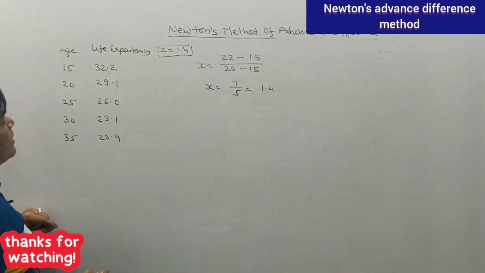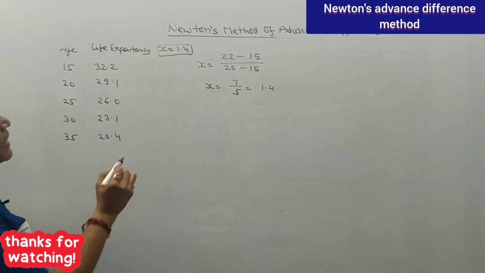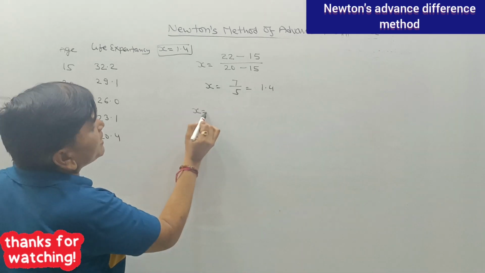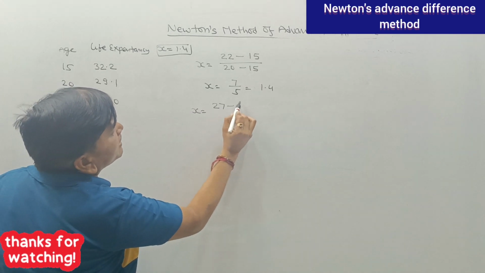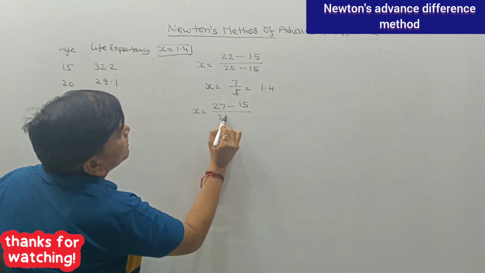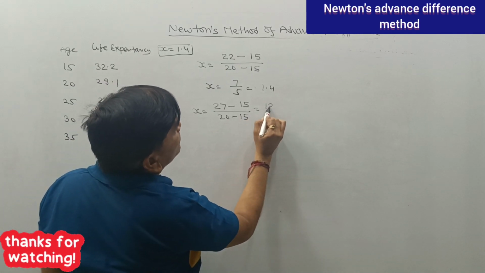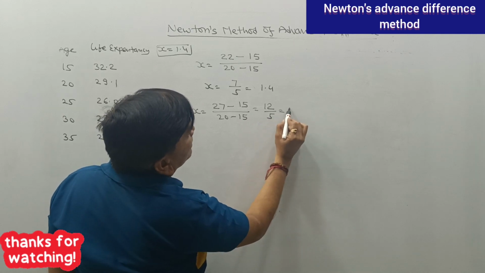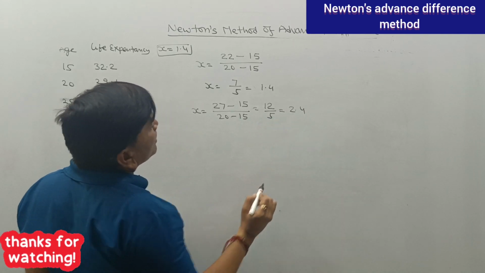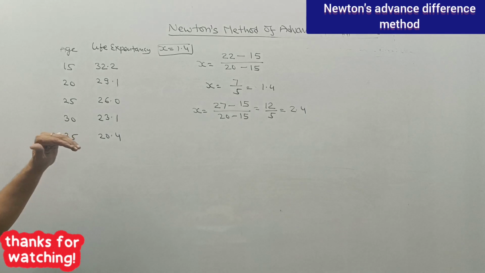If in the question they ask for the expectancy at 27 years, then 27 minus 15 divided by 20 minus 15, that is 12 divided by 5, that is 2.4. So it depends on how much they are asking.